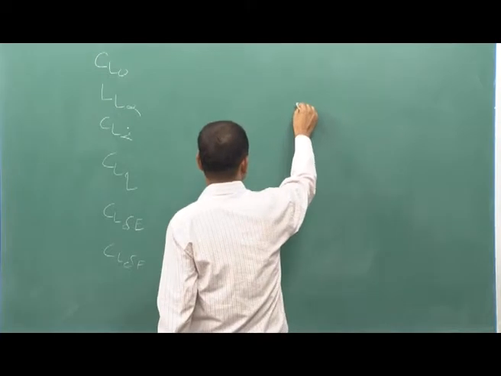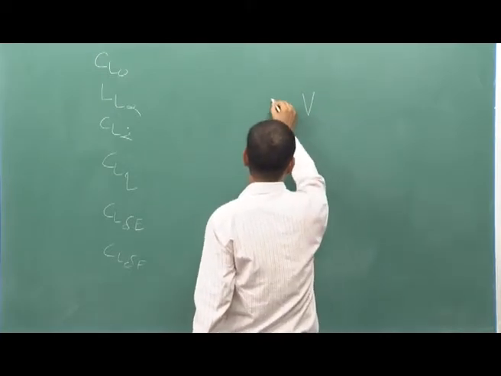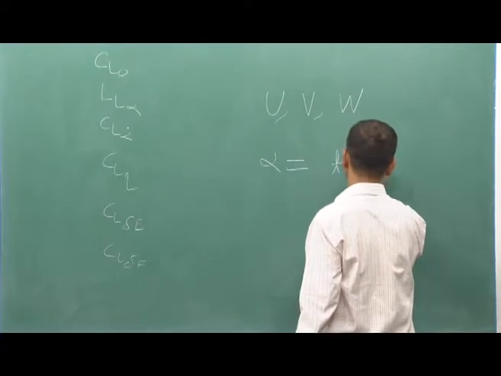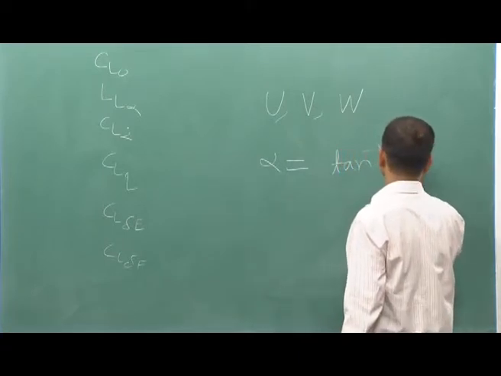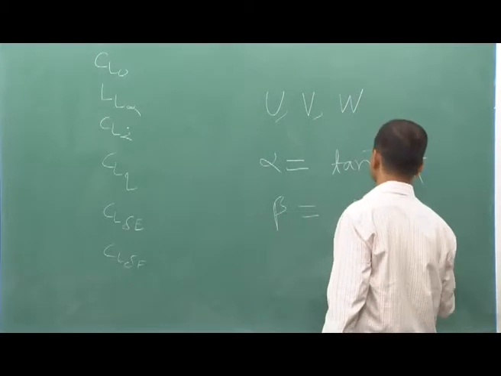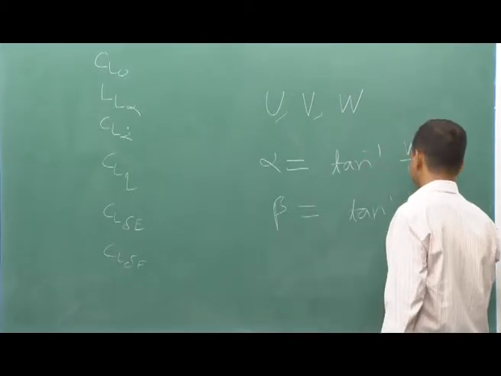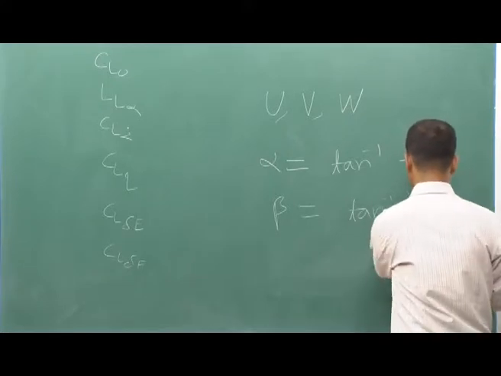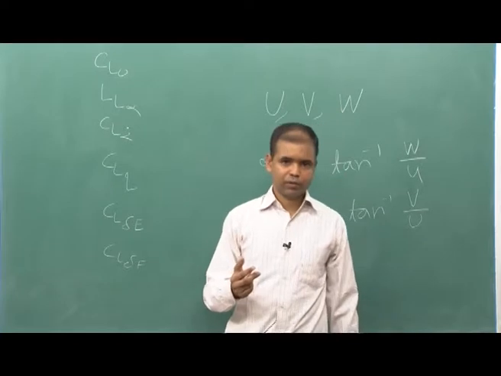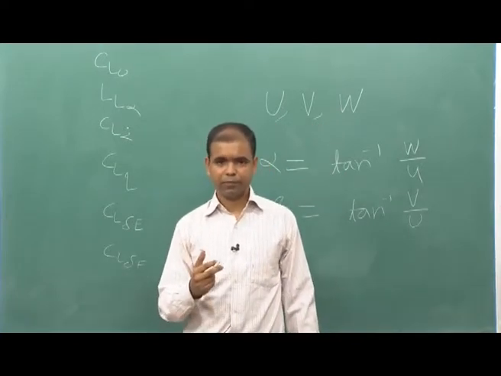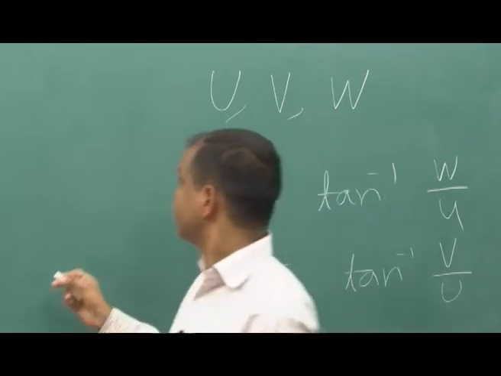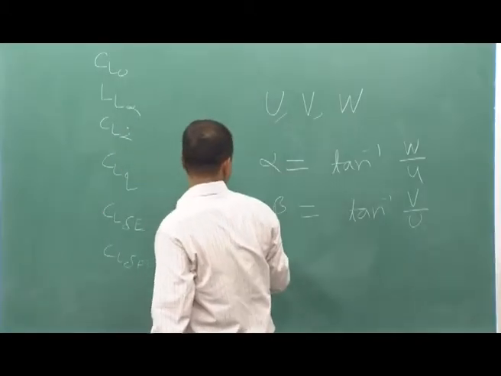If the velocity components of the aircraft in the body frame are U, V and W, the angle of attack alpha will be tan inverse W by U, and beta will be tan inverse V by U. So, now if you have the alpha and beta and all the forces, lift force, drag force and Y force, then using these two angles you can find the F aerodynamic x, F aerodynamic y and F aerodynamic z acting in the body axis of the aircraft.